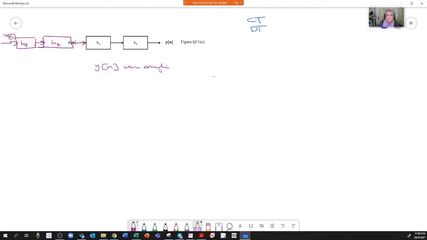It doesn't state whether it's convolution sum or integral, so you need to know which to use. If you have discrete time, it's convolution sum. So you're given the h1 signal, h2, h3, h4, and also x[n] in front.